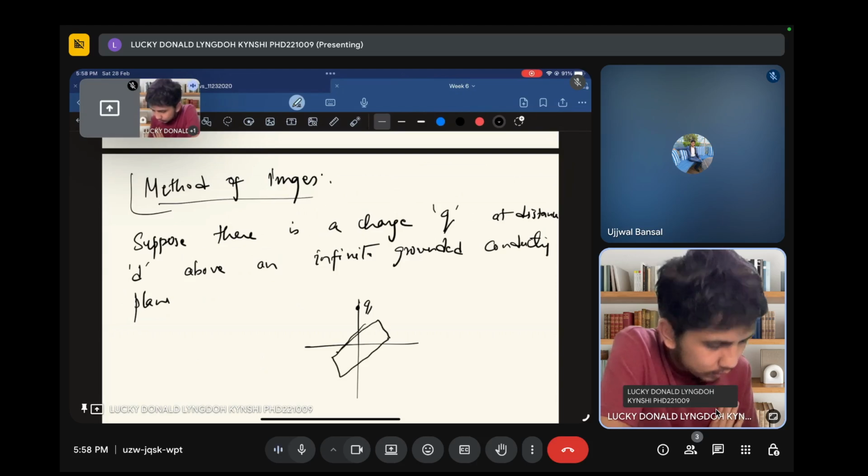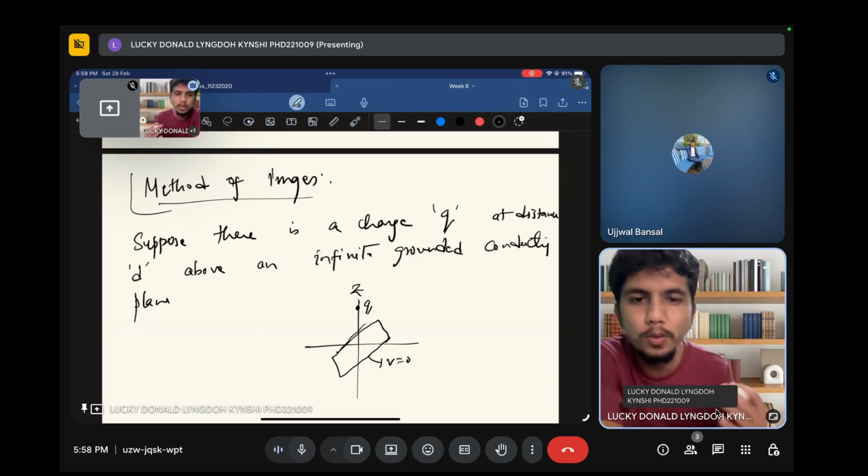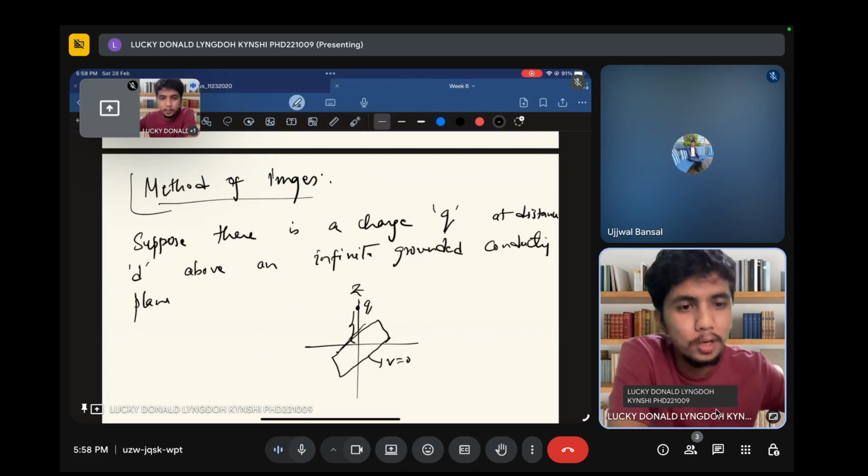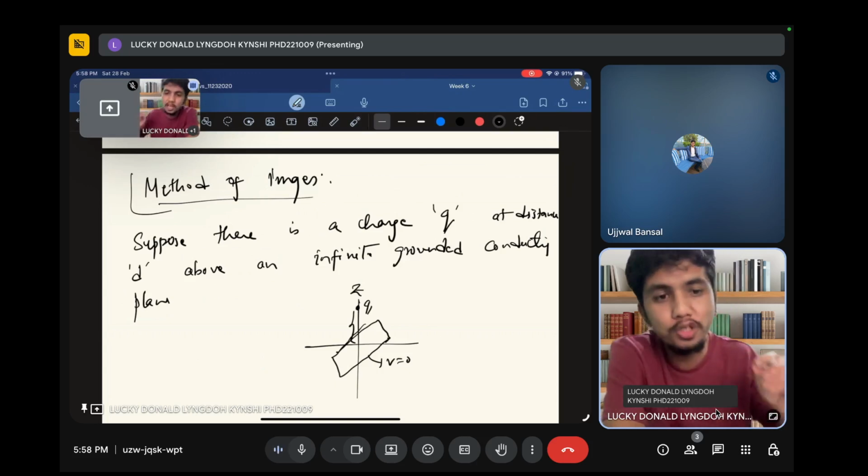Suppose this is the plane, so its potential is equal to 0. The question is that suppose there is a charge Q held at a distance d from your plane, with potential V equal to 0, and you have a charge plus Q above this.